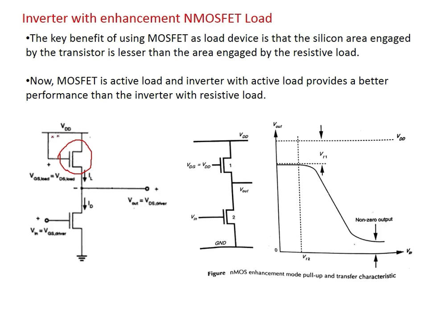If we connect like this, this NMOS transistor becomes always on. In depletion mode MOSFET, if you connect the gate and source, the transistor becomes always on. In enhancement mode, if the gate is connected to VDD, then this transistor is always on. So VGS is equal to VDG, or it is VGG.